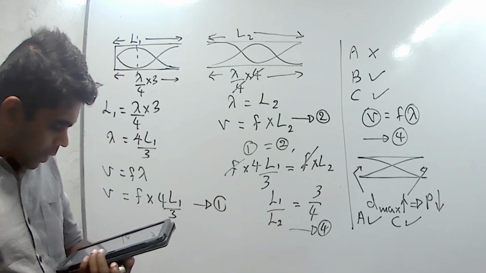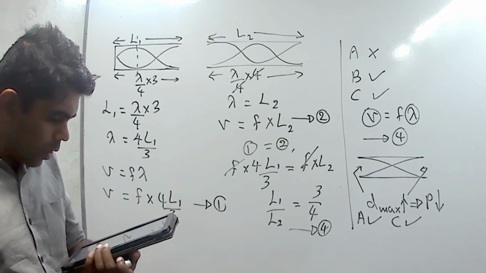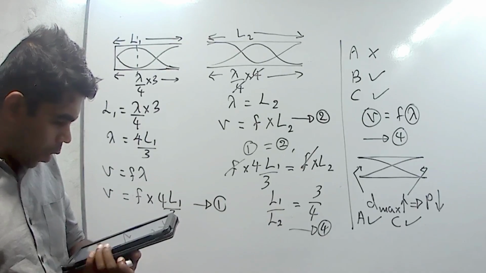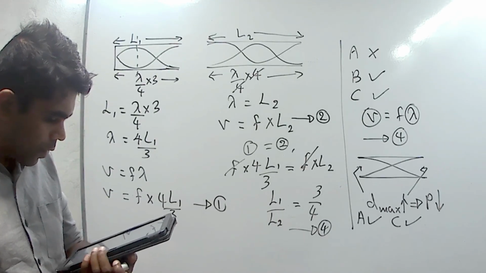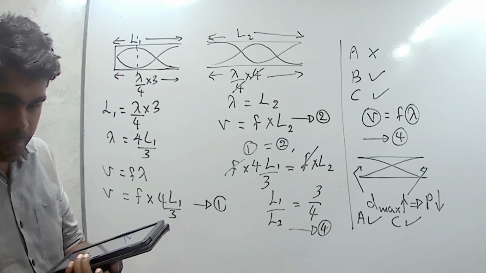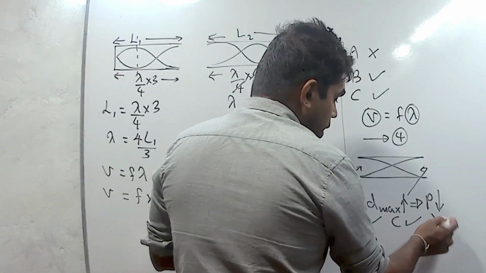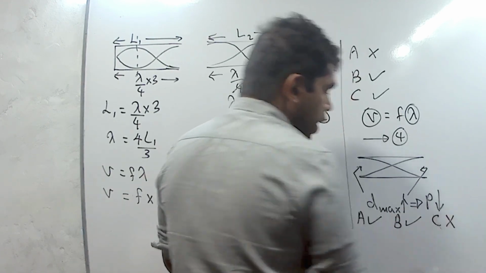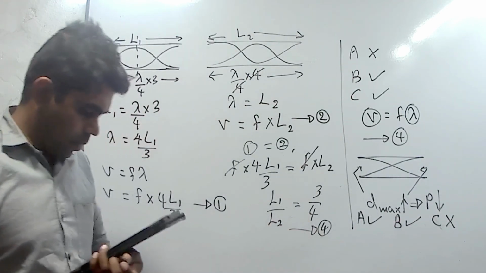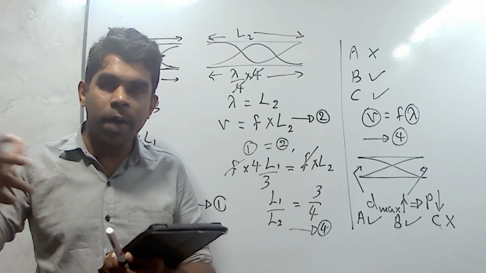Then C. The length of the pipe corresponding to an allowed oscillation mode is always an integral multiple of wavelength. No, we can't get it as an integral multiple. B is correct, C is incorrect. We can't observe integral multiples of wavelength.